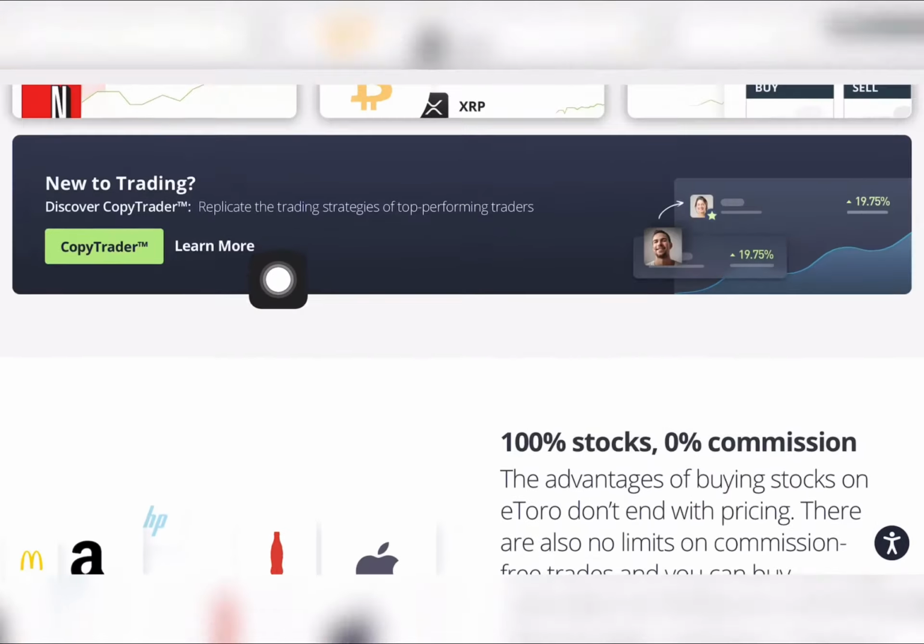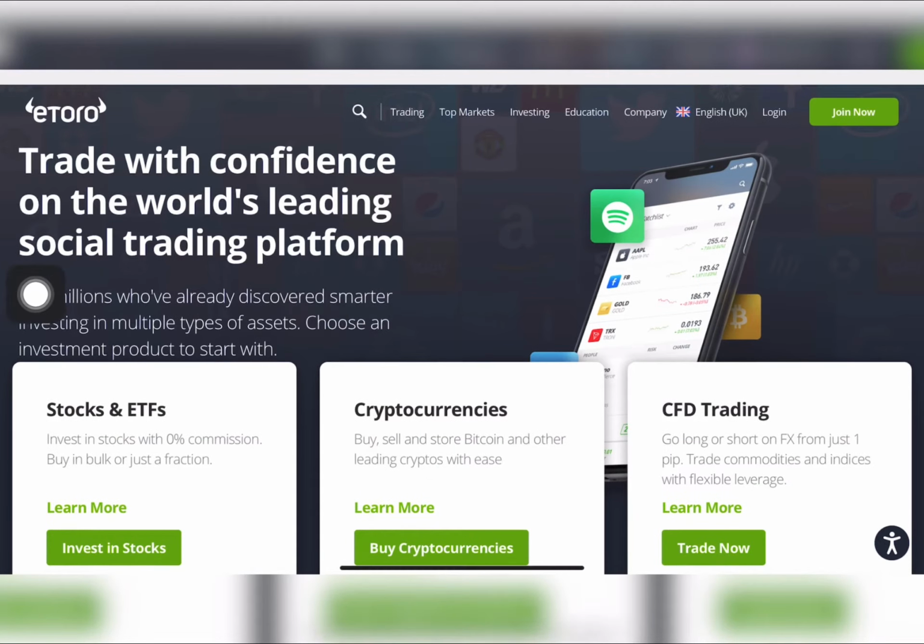Well, eToro, okay guys, let me tell you before, if you are going to trade, you need to call a stockbroker, and the stockbroker is the one who will buy or sell stocks for you. But nowadays we have technology, right? So we no longer need those brokers in person.